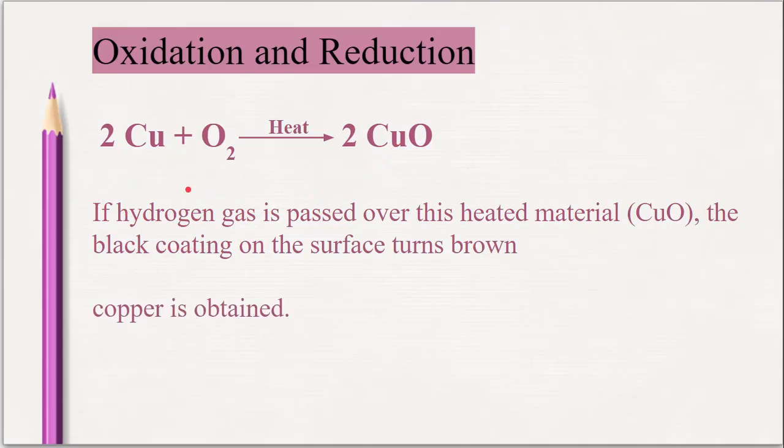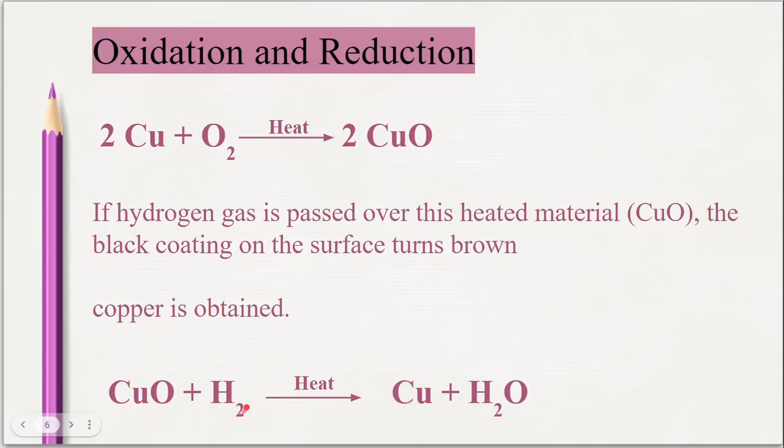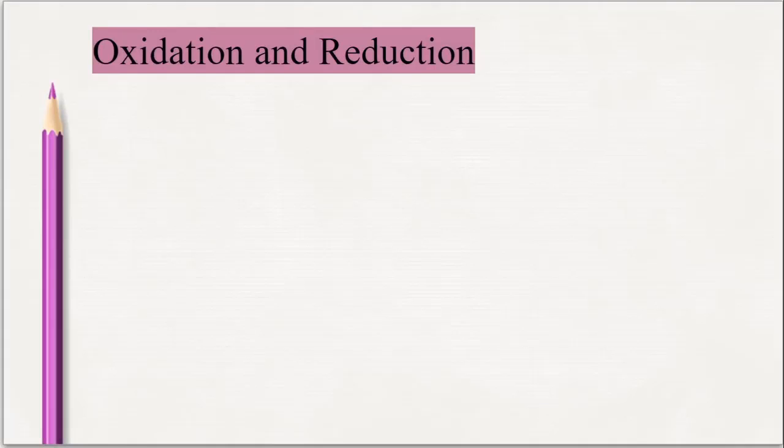Copper is obtained, and the reaction is CuO plus H2, and on heating we get Cu plus H2O. So hydrogen gas passed over copper oxide gives copper and H2O, which means water.